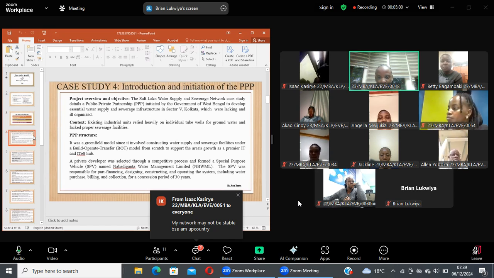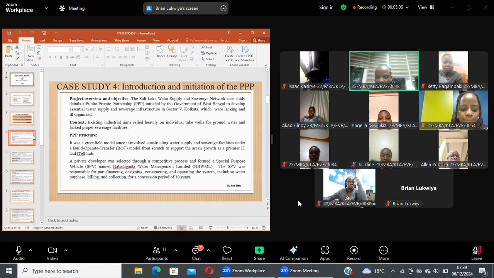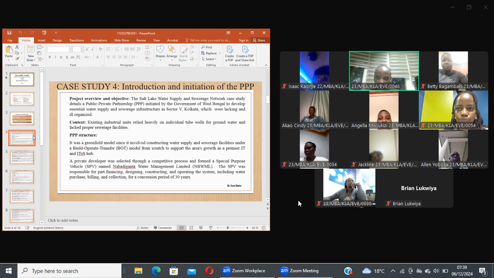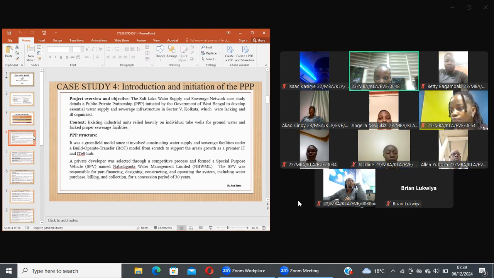For our case study 4, it was in Salt Lake City in Kolkata. The overview and objective: the Salt Lake Water Supply and Sewage Network case study details a public-private partnership initiated by the government of West Bengal to develop essential water supply and sewage infrastructure in Sector 5, Calcutta, which were lacking and ill-organized.